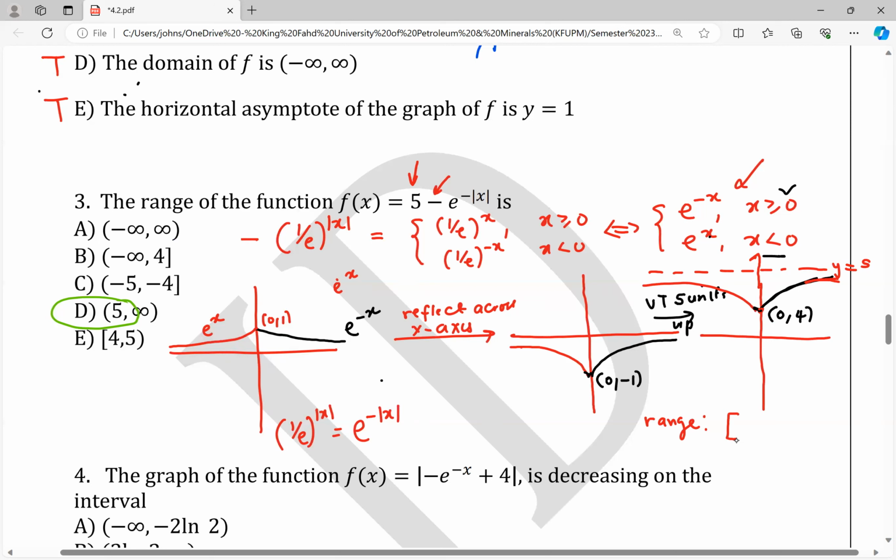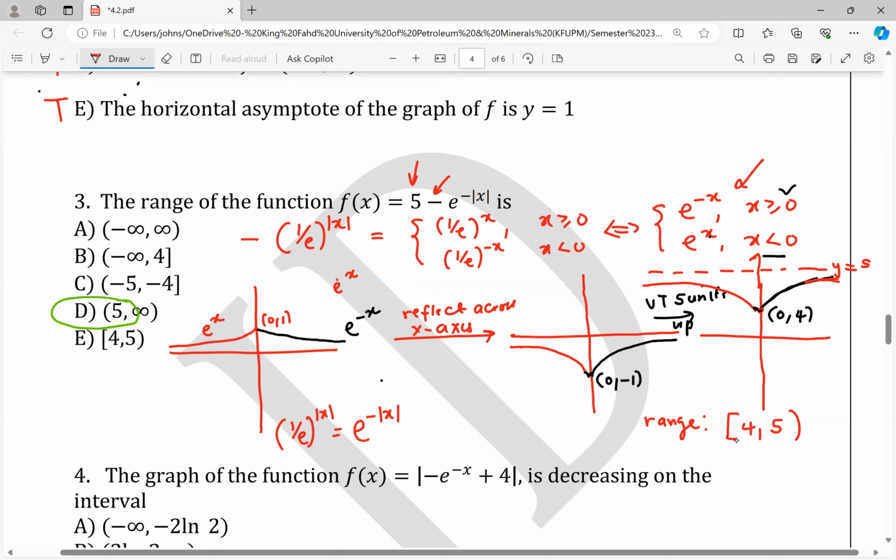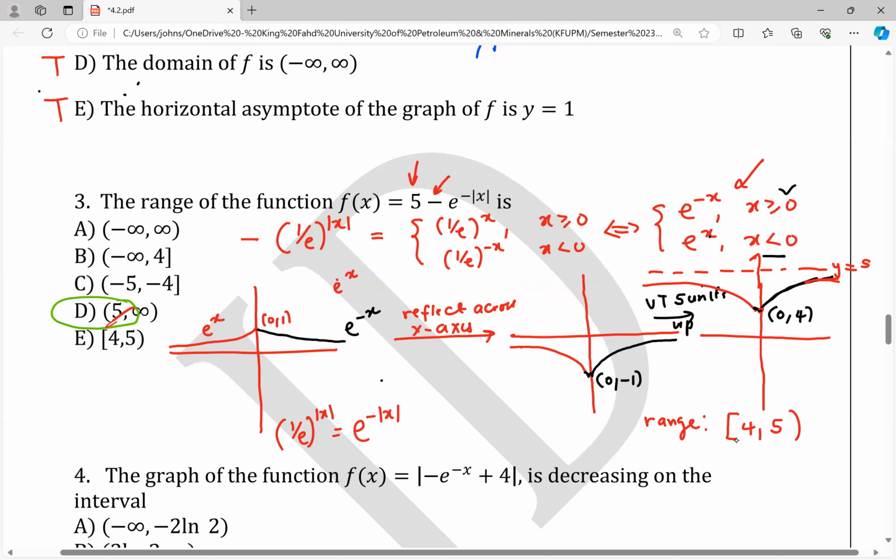So it is from 4. The value of y here is 4. And here it is 5. So the answer should be E. So the answer is E, not D.